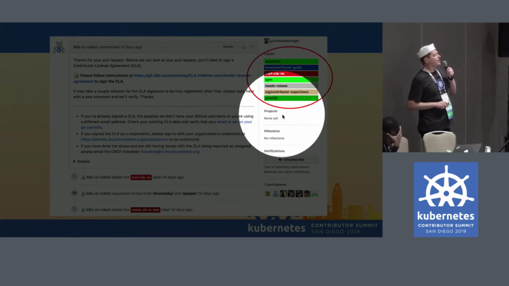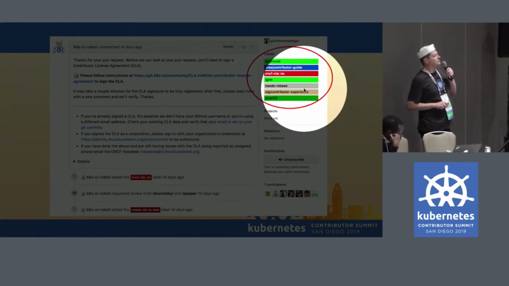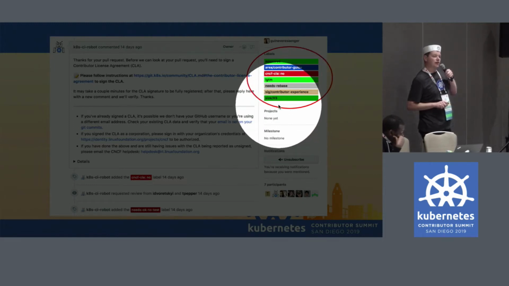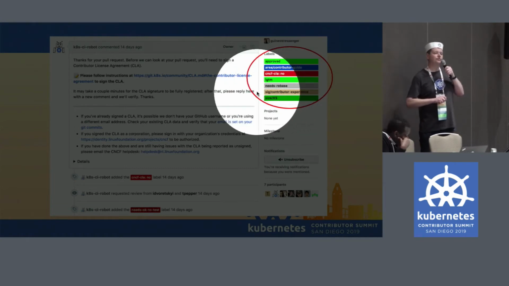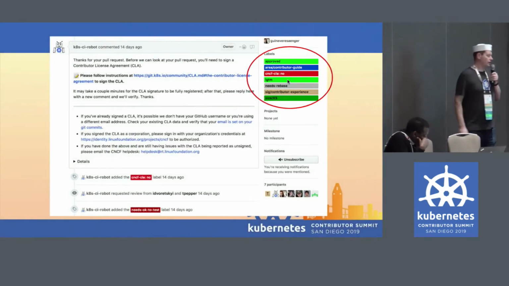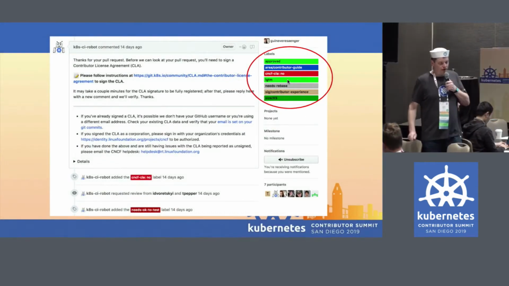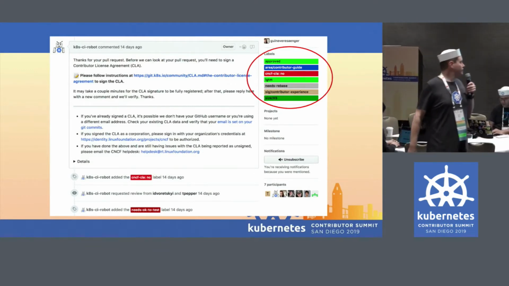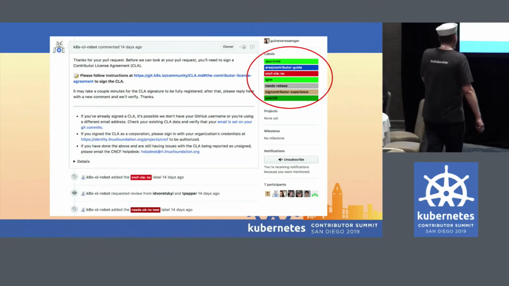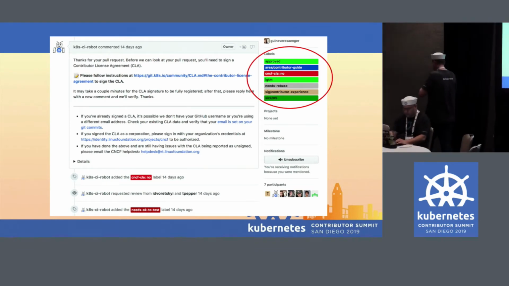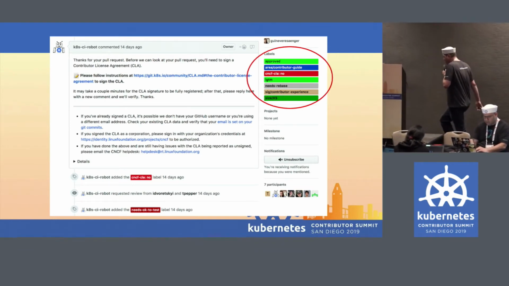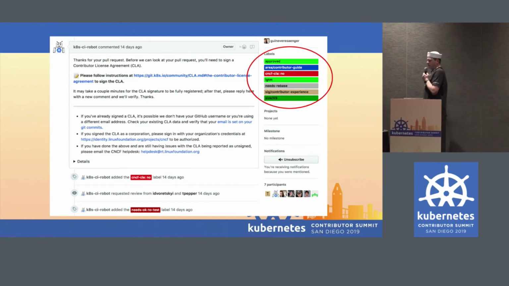Size and SIG labels are here as well. If you see something like extra small, good first issue, that would be awesome for anybody in this room to grab initially and work on as their first project. So K8s CI Robot pretty much does everything, right? When you get added to the org, someone comes in and sponsors you, and then somebody comes in and says, I approve.